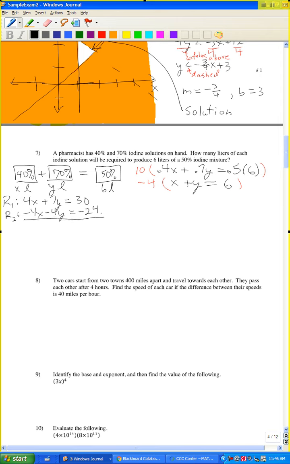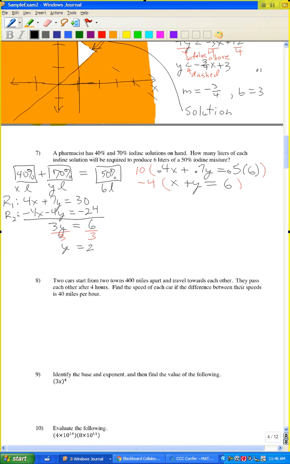Let's add. So the 4x's cancel. 7y minus 4y, 3y. 30 minus 24 is 6. Divide both sides of my equation by 3. y is equal to 2.